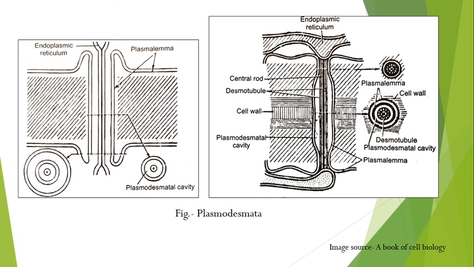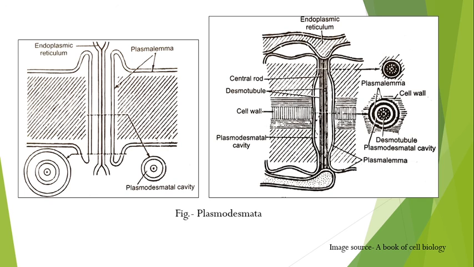In the plasmalemma enlarged, here desmotubules and plasmodesmal cavity are present, between the two cells. Here are the plasmodesmal cavity, cell wall, and desmotubule, the central rod. And here the plasmalemma is enlarged in size, and enlarged desmotubules and plasmodesmal cavity are presented.